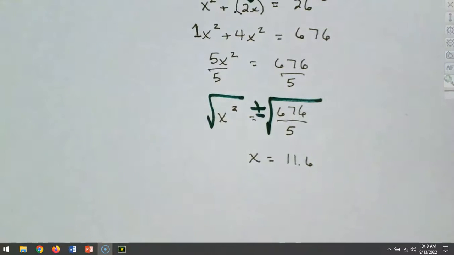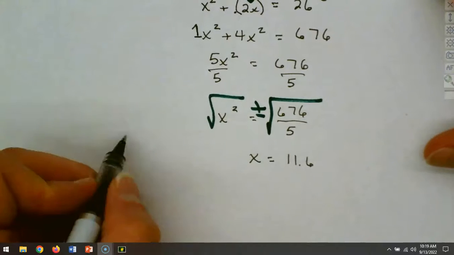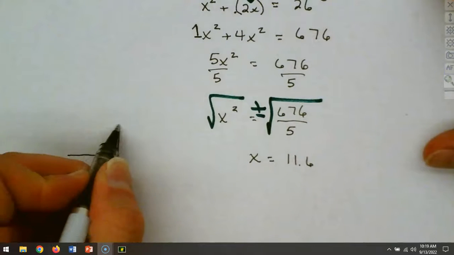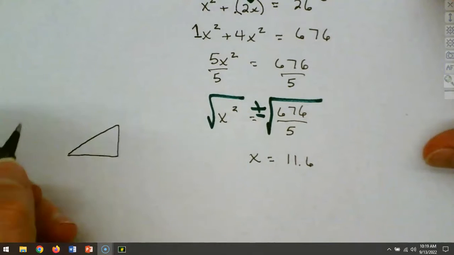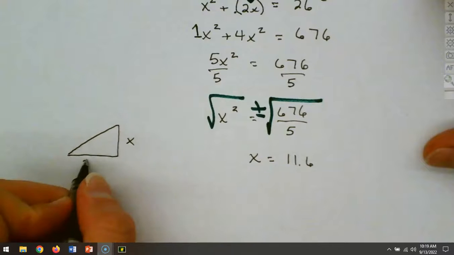So we want the dimensions of this right triangular support frame. So what are they going to look like? Well, one of them was x, and the other one was 2x.